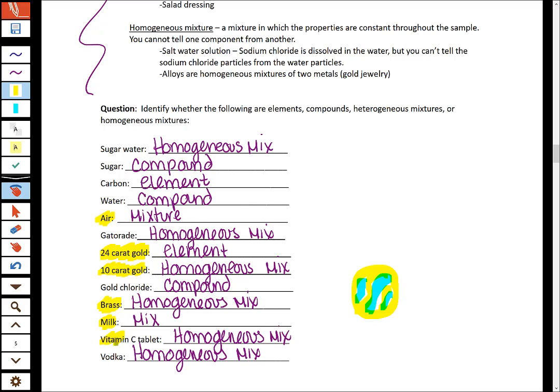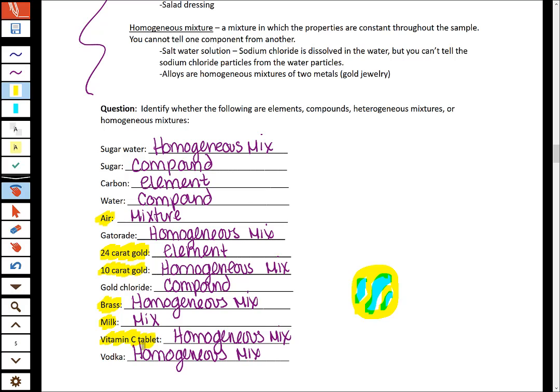Another one that students struggle with is a vitamin C tablet, mostly because we're unaware of what is in the tablet that we're taking. People, honest to goodness, think it's 100% vitamin C, and that is simply false. When you get a tablet that's the size of your thumbnail, and it says there's 500 milligrams of vitamin C in it, there's no way that that tablet is completely vitamin C. It has way too much mass.